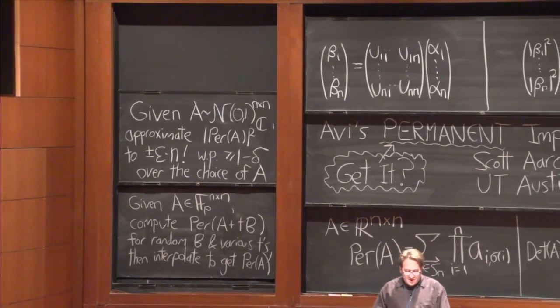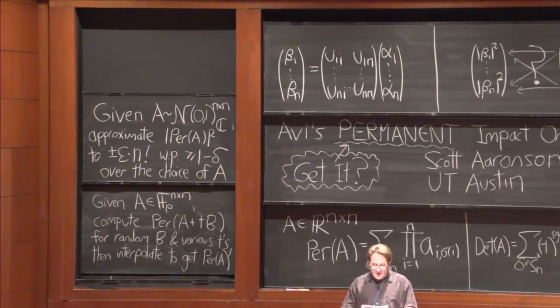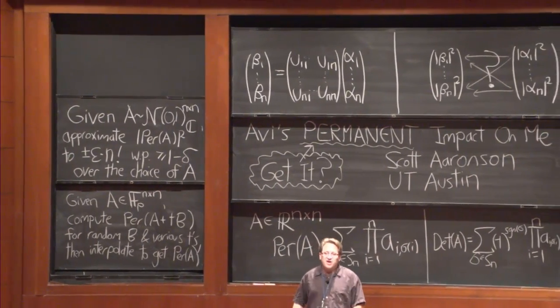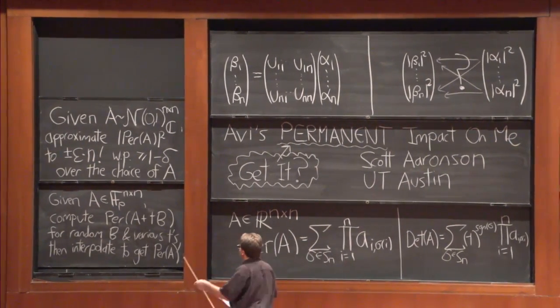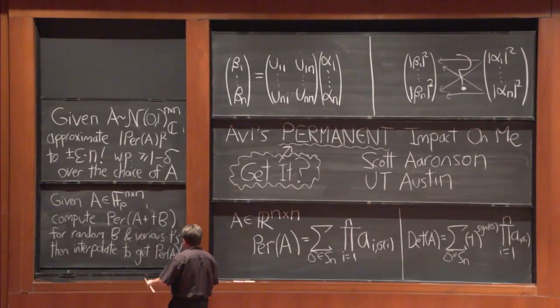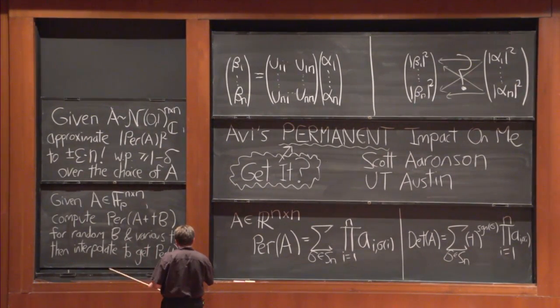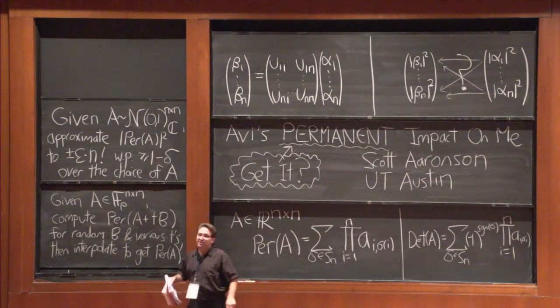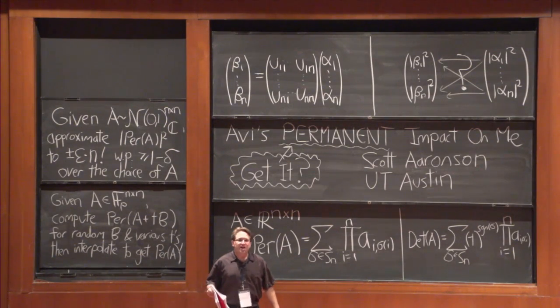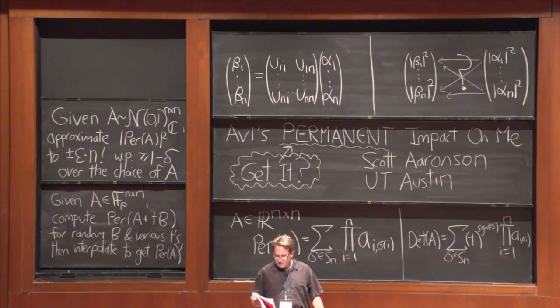Well, it's because if you look at the permanent of an n by n matrix over a large finite field, like F_p, then it is a famous fact in theoretical computer science that calculating the permanent of such a random matrix has the property of random self-reducibility.